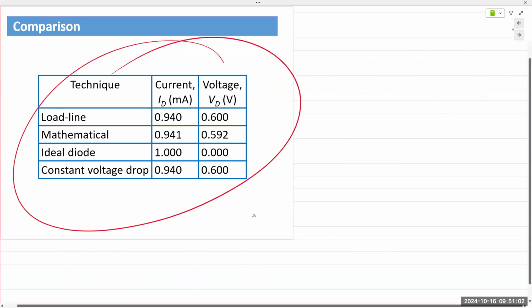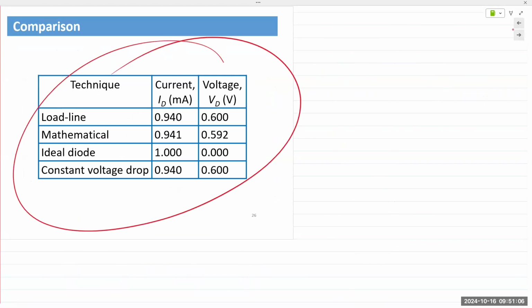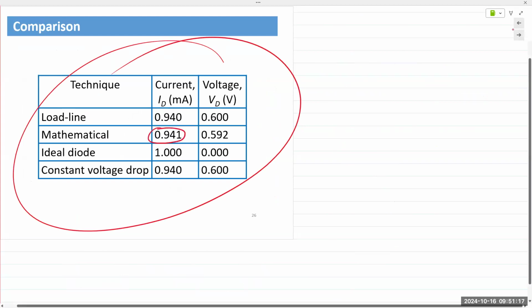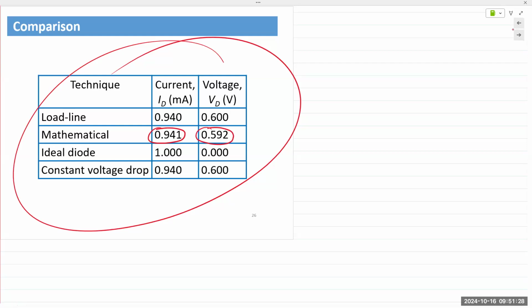Load line. Remember, graphical analysis, we chose, and I stated we could possibly state it as 0.95, but more likely it was slightly less than 50%, so I chose 0.94. 0.94, mathematically, I obtained 0.941. Once I obtain my voltage is 0.592, you plug it into the diode equation, and you find a value for ID.